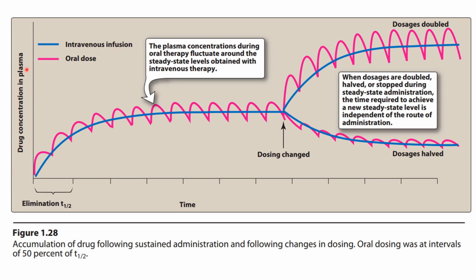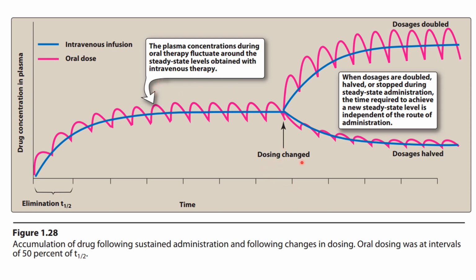This is the drug concentration in plasma versus time graph. This is the elimination half-life. The pink line, the plasma concentration during oral therapy, fluctuates around the steady state levels obtained with intravenous therapy.